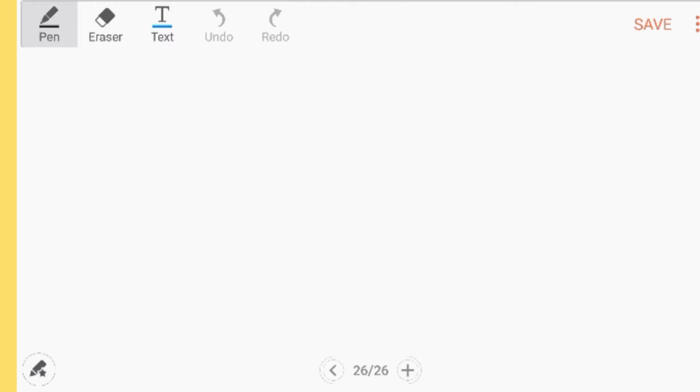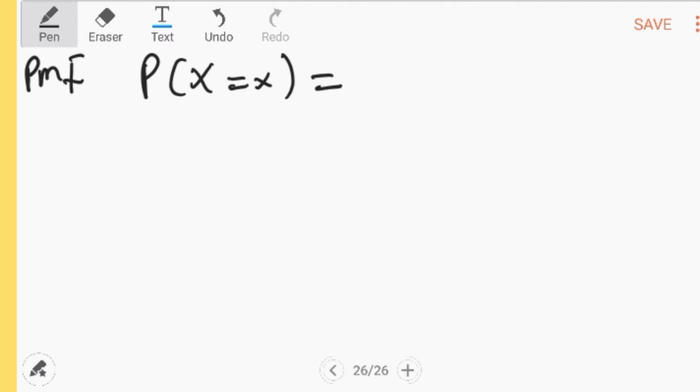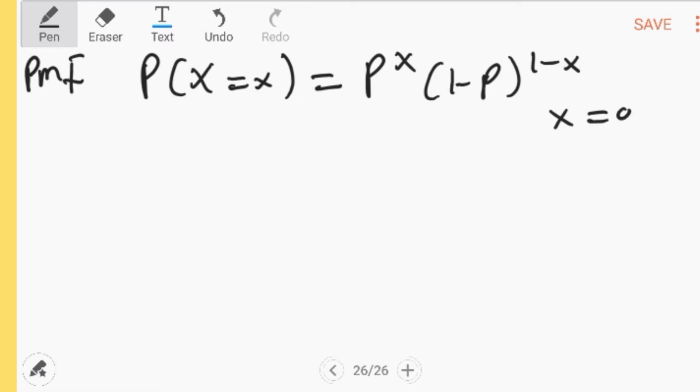Now recall that the PMF of a Bernoulli distribution can be written as the probability of x equal to small x, which is equal to p to the power x, 1 minus p to the power 1 minus x, where x runs from 0 to 1.